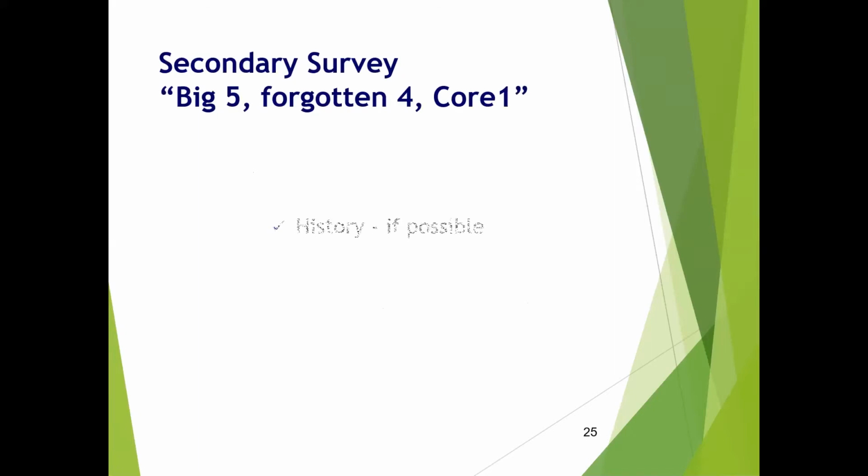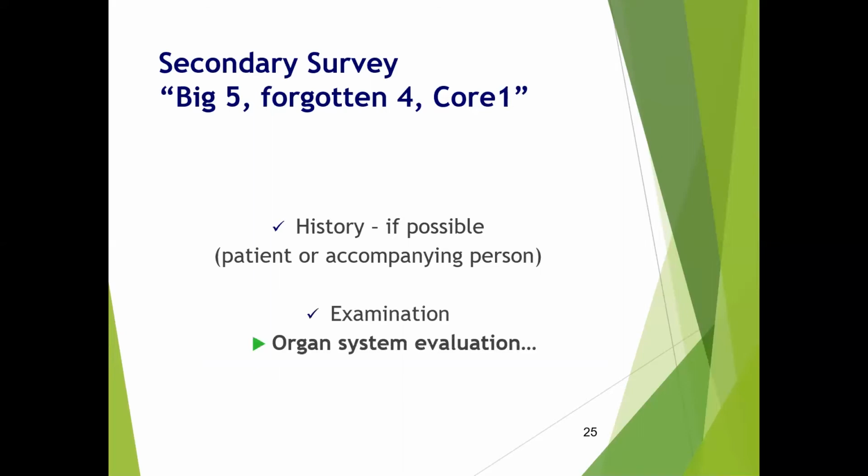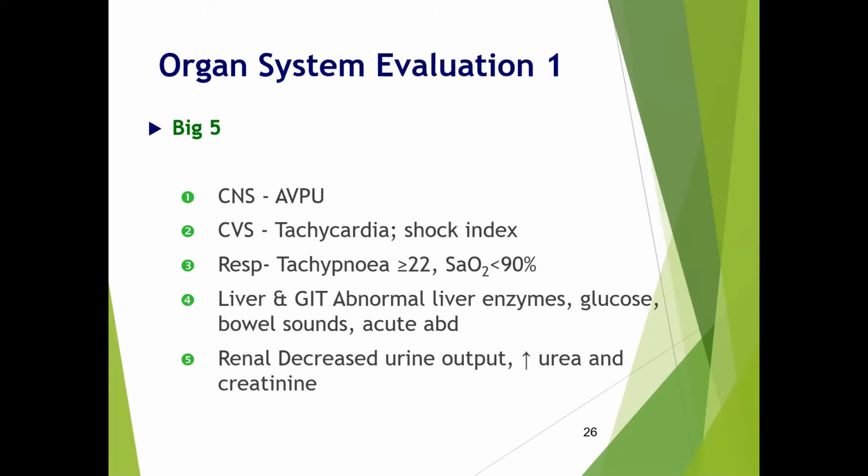So when you go to your secondary survey, obviously, as I said, you look at your big 5, forgotten 4, and your core 1. It's imperative that you obtain that patient history, either from the patient if it's possible, or any collateral history, and you do your organ system evaluation. So looking at your systems, your big 5, which is your CNS, your CVS, your respiratory system, liver and GIT, and your renal system.